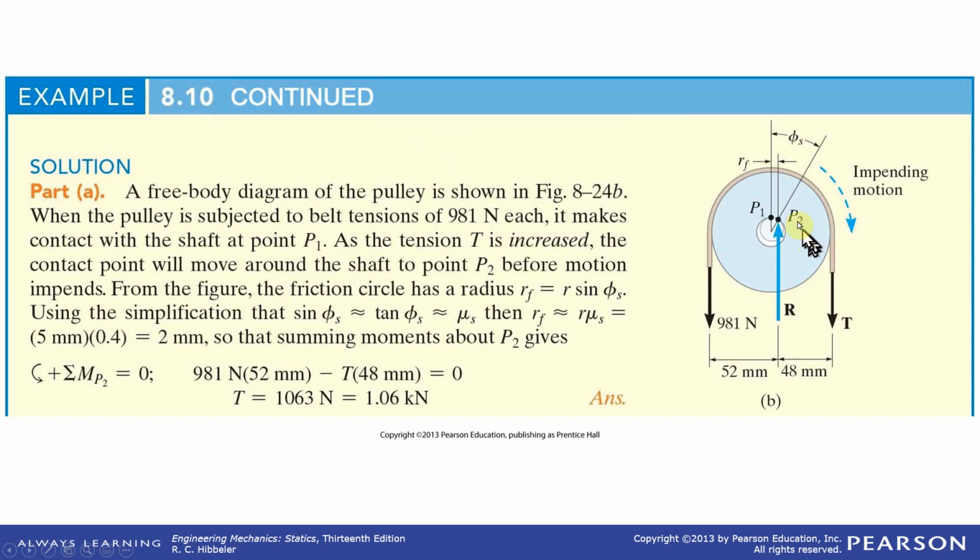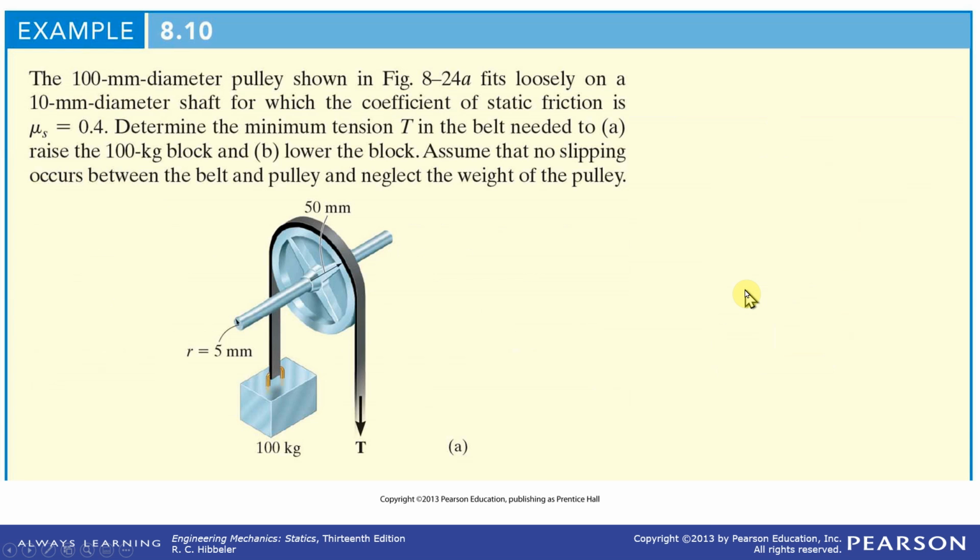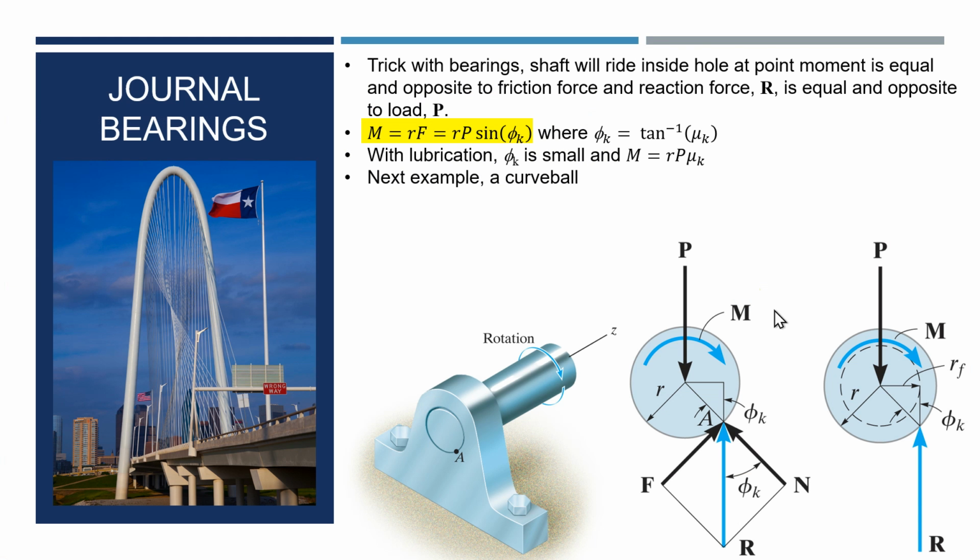So what we have here is the point where it just begins to slip, and you can use that as the phi s. Let's go back here just to remind you that we're talking about this angle, the angle between the load and the normal is going to be phi.